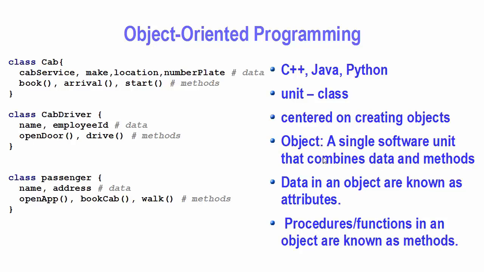The first is that the unit in procedural programming language is the function, and on the other hand in object-oriented programming the unit is the class. The second is that procedural programming concentrates on creating functions, while object-oriented programming starts from isolating classes, and then they can have data and methods inside them.